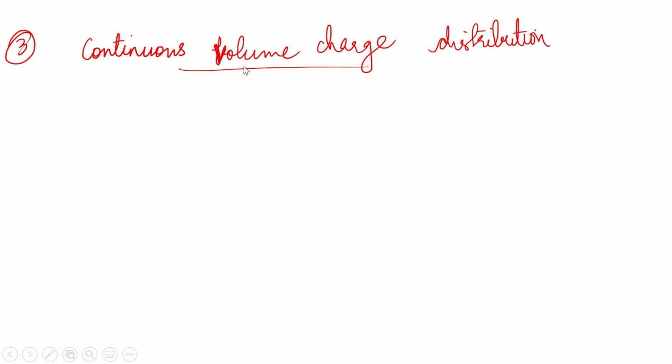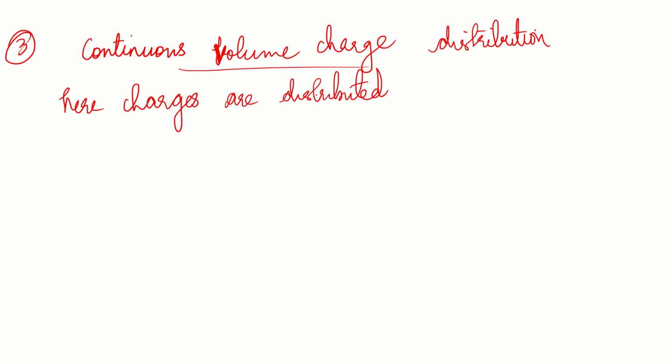Now the third one is continuous volume charge distribution. Here the charges are distributed on volume.